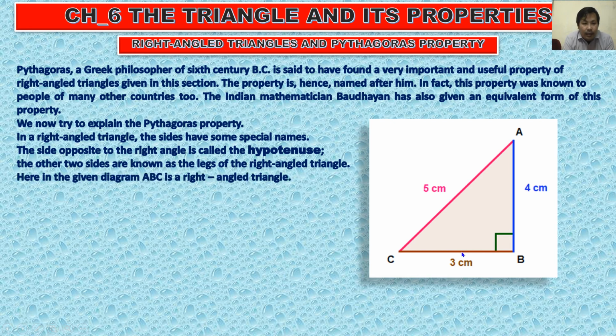So in this diagram, ABC is a right angle triangle, right angled at B, AC is the hypotenuse, and BC and AB are the legs.